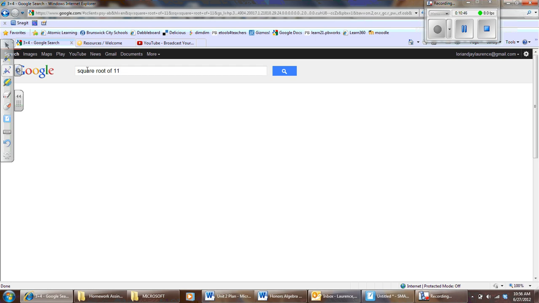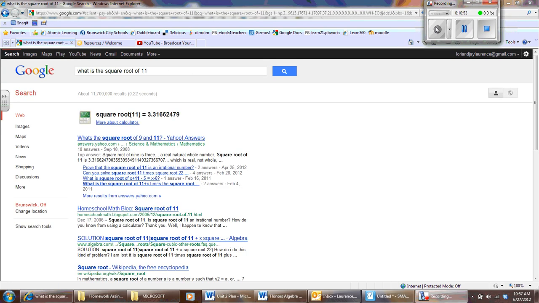It must be searching. You see there, I typed in what is the square root of 11, and it came up 3.3166249. Now, it really should show you that there are dots after it, but it's a calculator display.